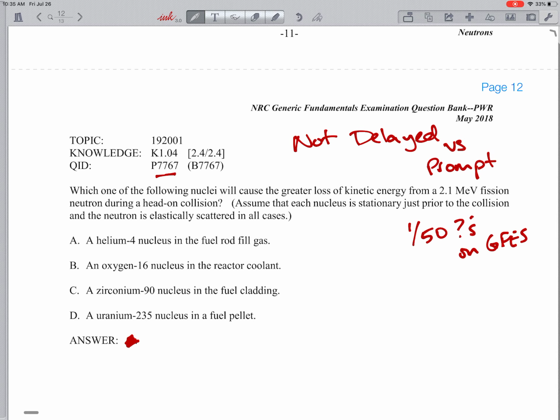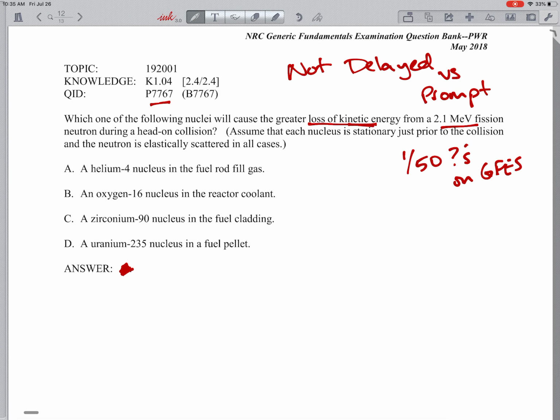What I want you to know from this one is, which of the following will cause a greater loss of kinetic energy from a 2.1 MeV fission neutron during a head-on collision? The greater loss is going to be from the smaller thing it hits.